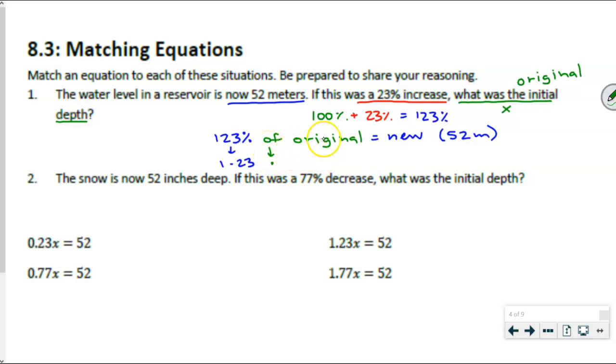Original, do we know what the original is? No, so we're multiplying it by x. What is that going to be equal to? The new amount, which is 52. Which equation does that match with then? 1.23x equals 52. This is problem number 1.